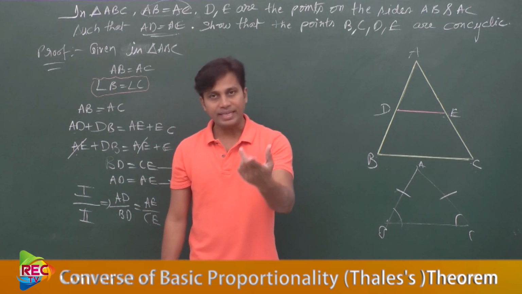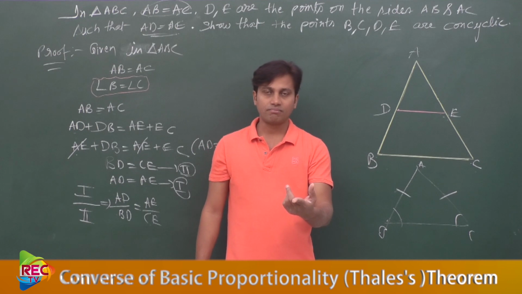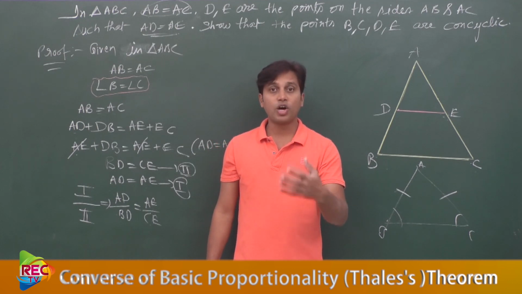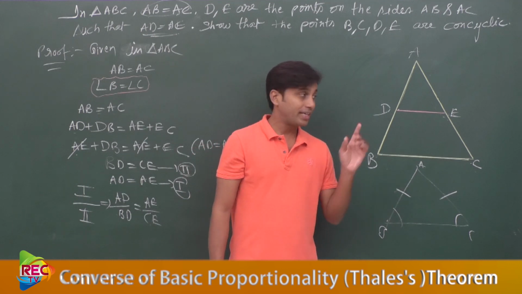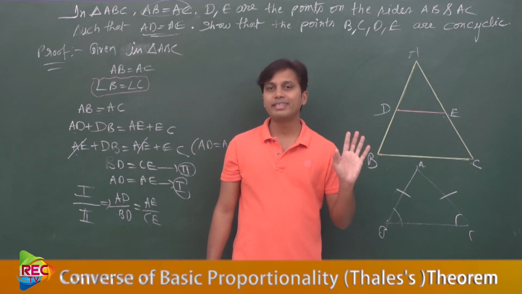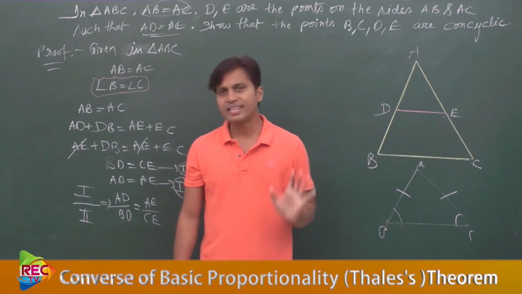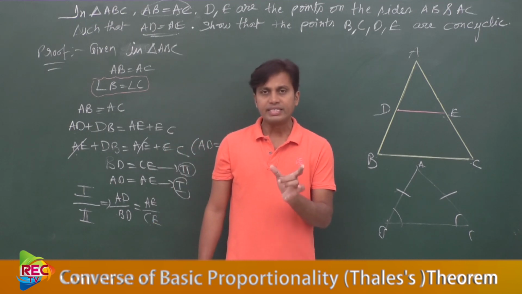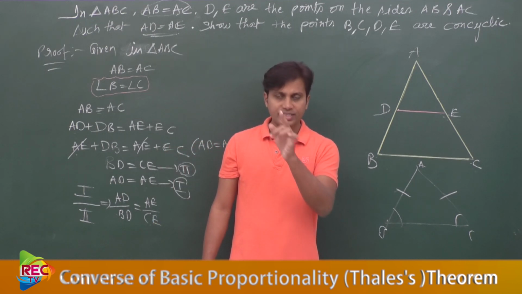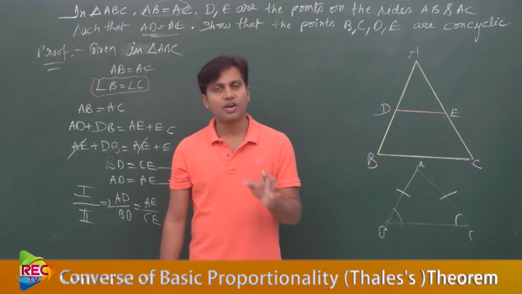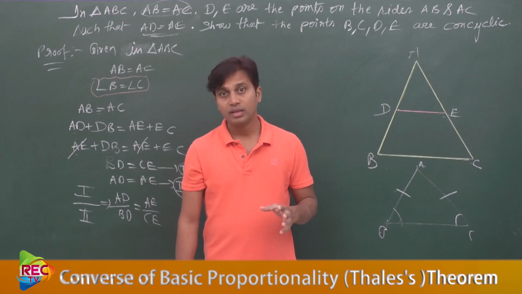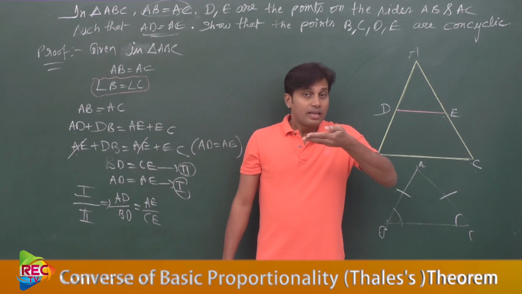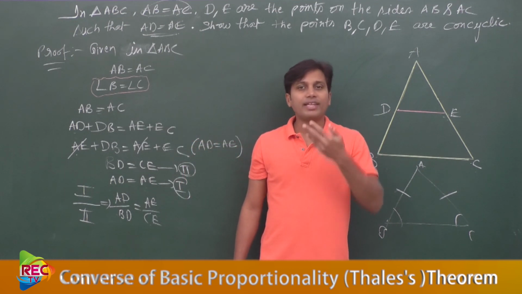So can we apply the converse part of the Thales theorem or not? Exactly. So we can apply the converse part of the Thales theorem. What does it say? When a line is dividing two different sides of a triangle in equal ratio, or proportionately, then the third side will be parallel to that line.